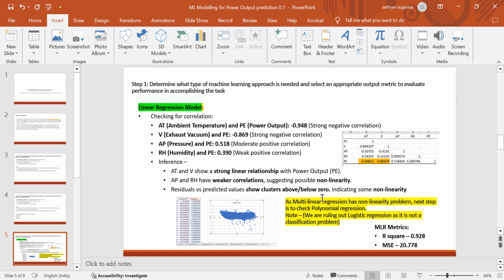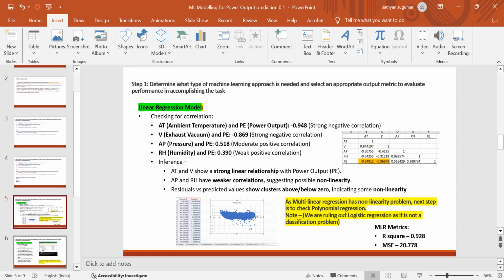So let's consider the next model, which could be a better fit for our problem, that is the polynomial regression, which I will cover in the next slide. Before that, I will close by saying that the R square value is 0.928, which is close to 93%, and MSE is 20.778 in this case.